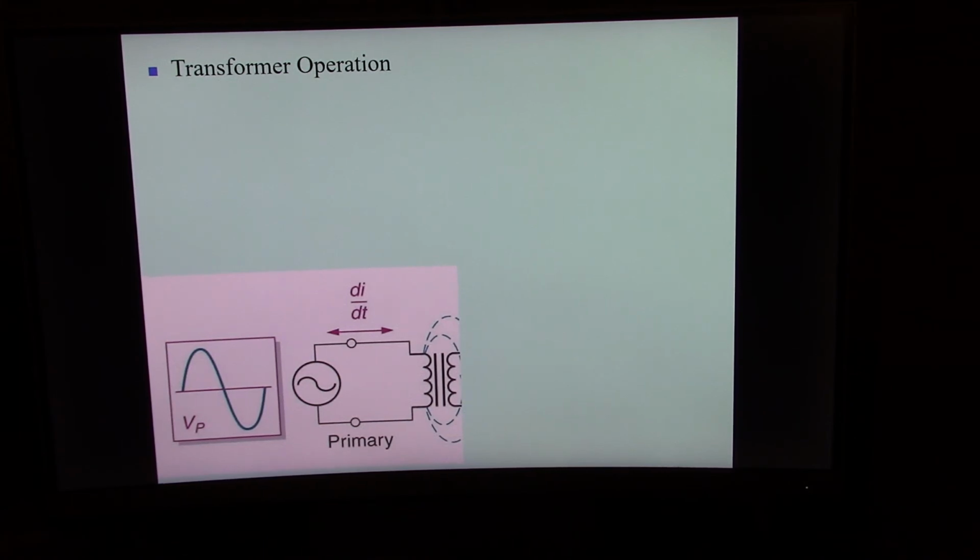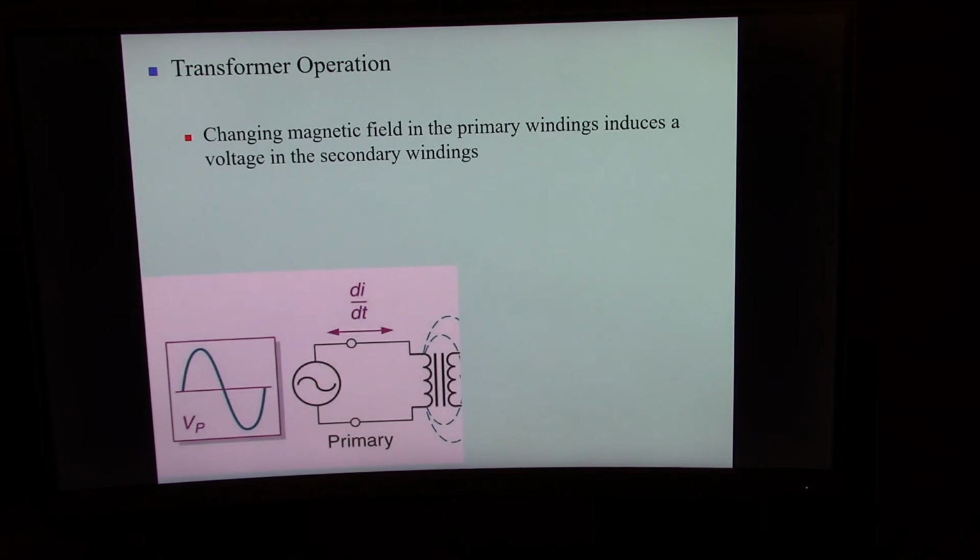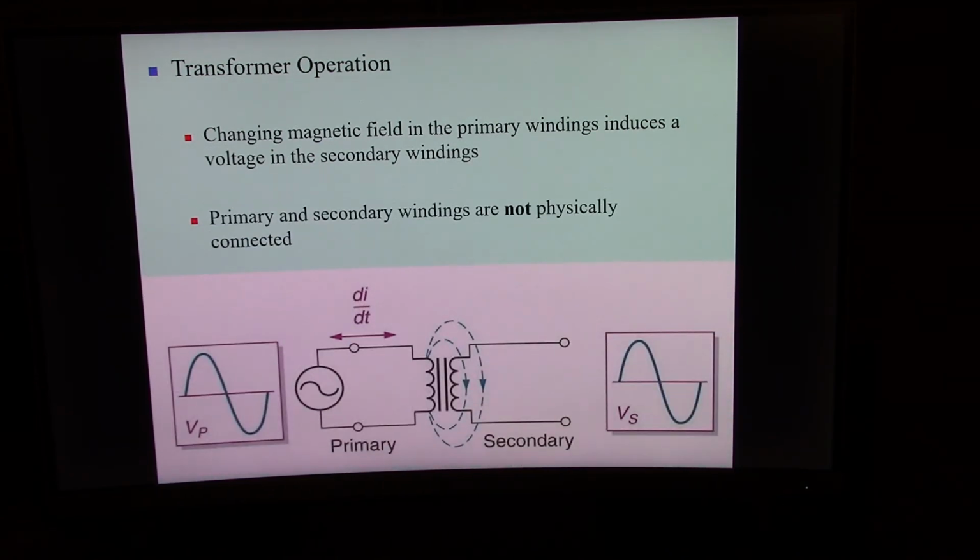And this talks about the ratio of the input terminals. Okay. And there's no connection between the secondary and the primary. It's just an air gap with a metal core in the middle.